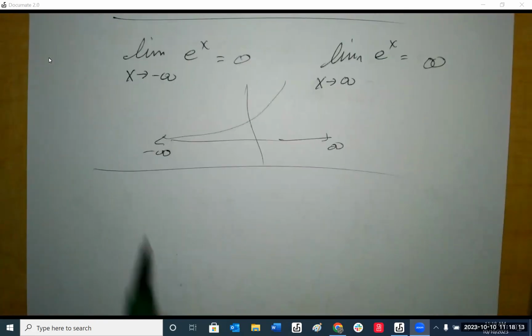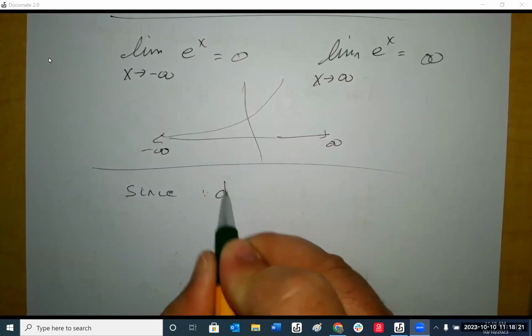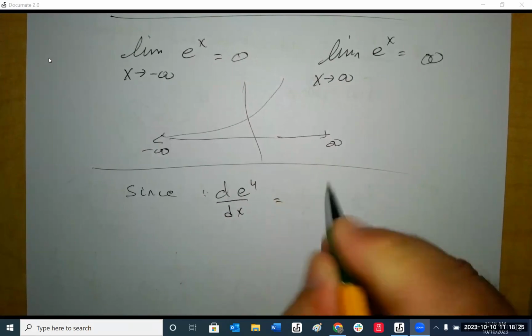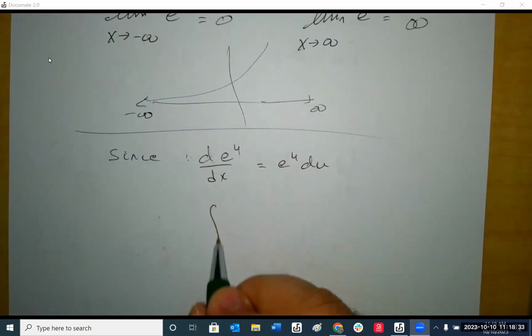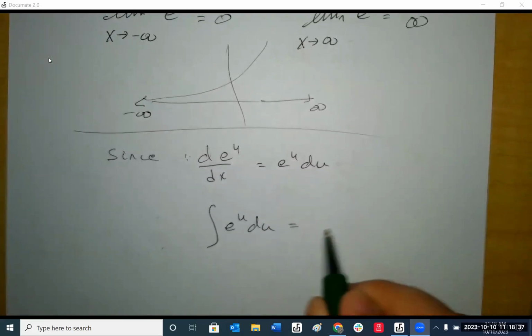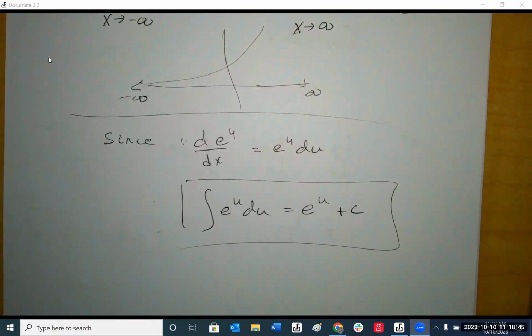Here's the beauty of the e^u function. Since the derivative of e^u equals e^u du, the integral of e^u du is equal to e^u plus C. Again, ln's pretty straightforward once you get used to it.